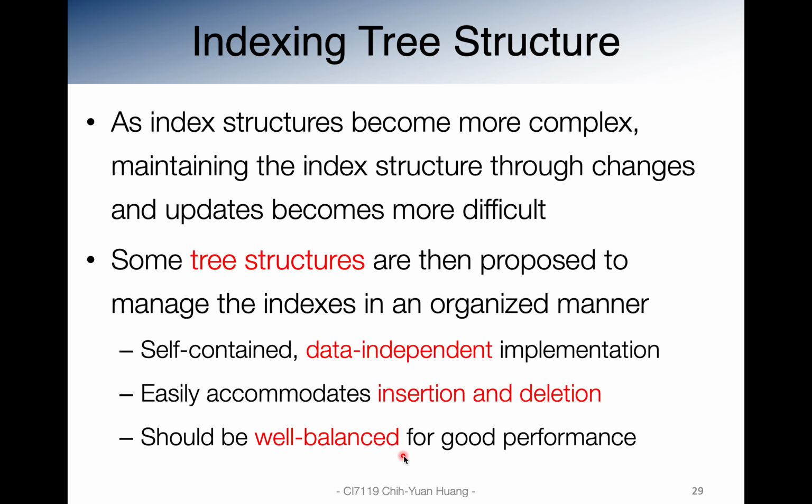So in general, here we introduced the idea of the index and also the physical structure of the index, and then we mentioned that just one level of index may not be enough, and we may need multiple levels of index, which is what we call the index tree or indexing tree structure.